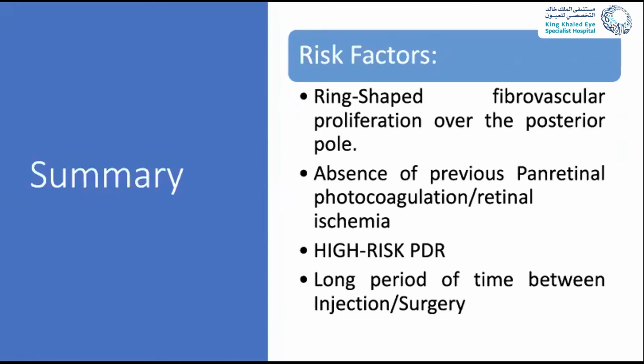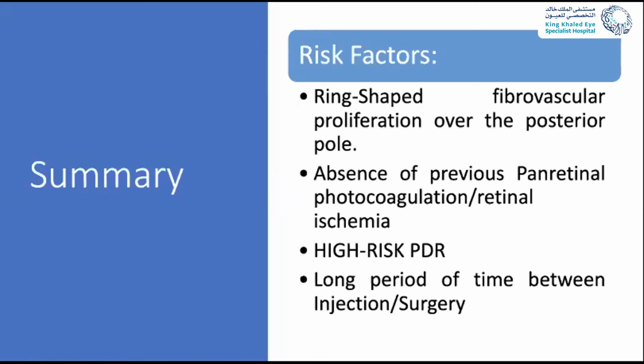As clinicians, we need to understand the potential risk factors that can predispose a patient to crunch. Throughout all the case reports and papers, the most common risk factors were the presence of a ring-shaped or ring-like fibrovascular contraction over the posterior pole, severe retinal ischemia, or the absence of previous PRP, because we could imagine that these patients have higher VEGF levels, correct?